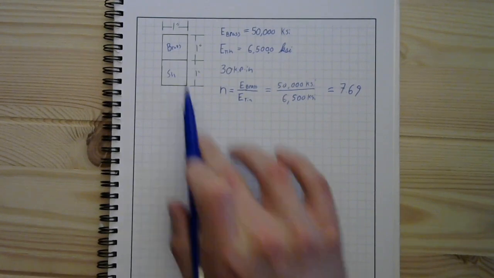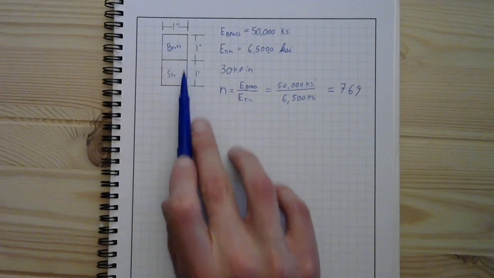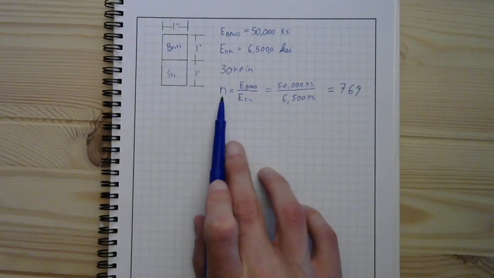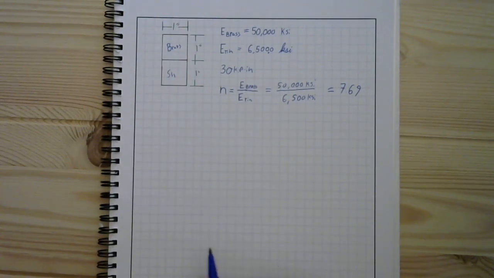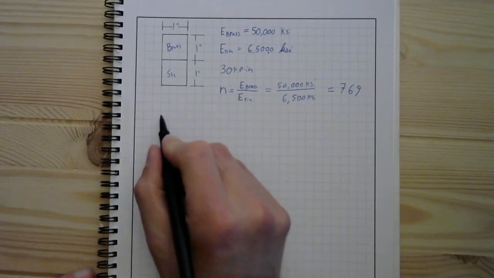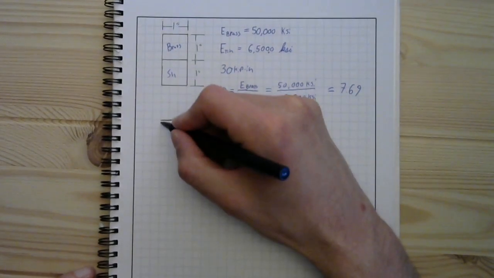So now when we look at our transformed section, the brass can be represented by tin if we use N. But of course there's going to be a lot more of it because the brass is substantially stiffer than the tin. So let's draw our transformed section. I'm not actually going to make the charts to scale.